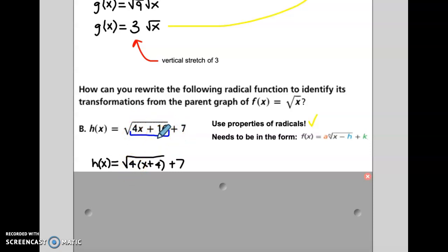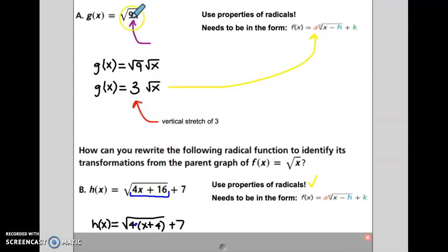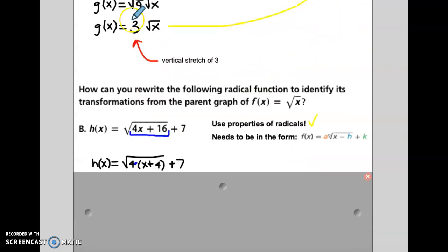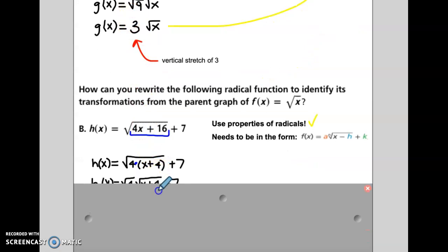What this allows me to do, now I have multiplication under my radical. Now I have the square root of 4 times x plus 4. And what can I do when I have multiplication under my radical? I can rewrite it and separate it.